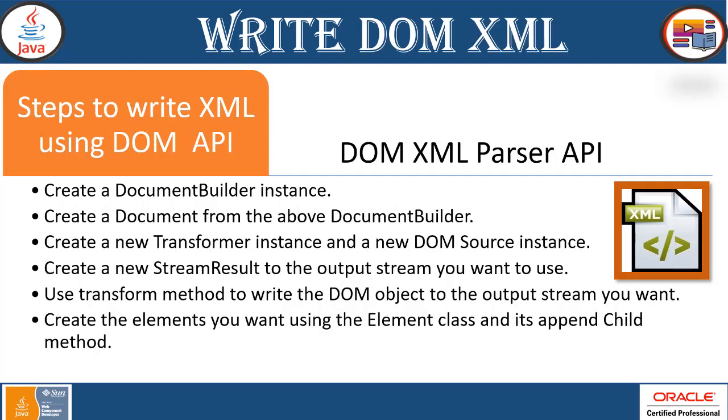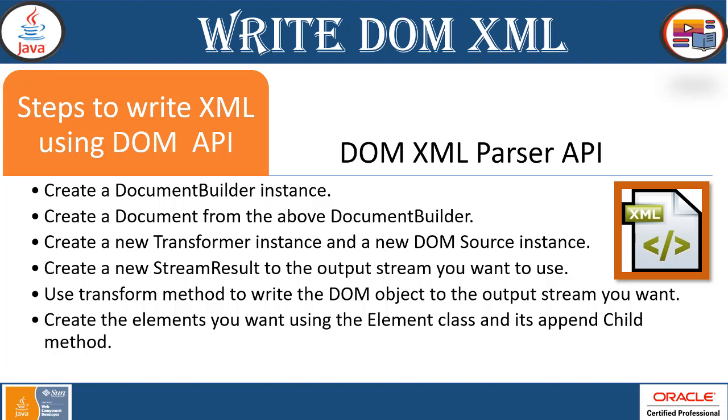Now, for writing XML using the DOM API, we have to follow these steps. Create a document builder instance. Then we create a document from the document builder. Then we create the transformer instance and a source instance for the document object model file. Create a new stream result for the output stream you want to use.